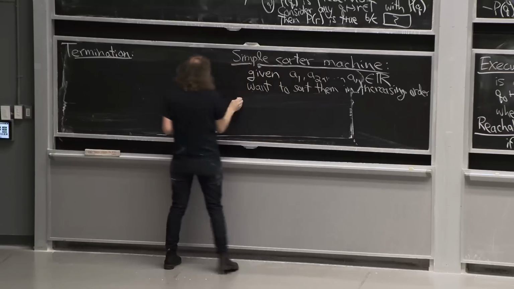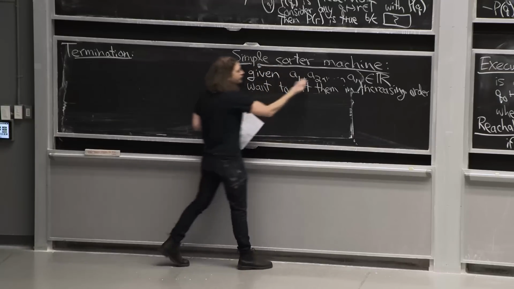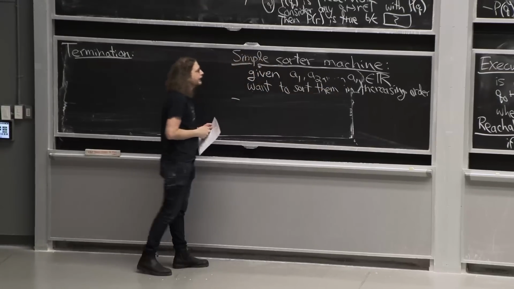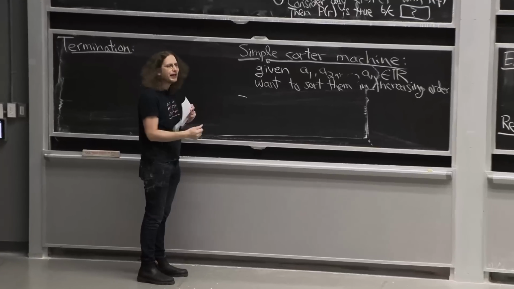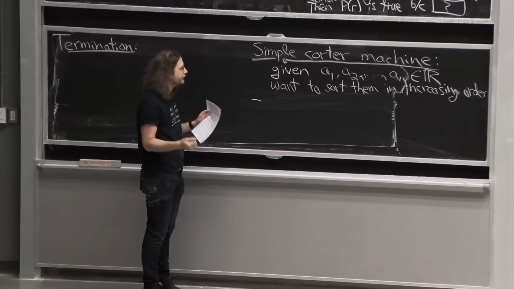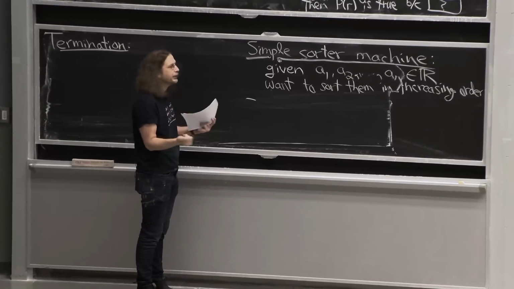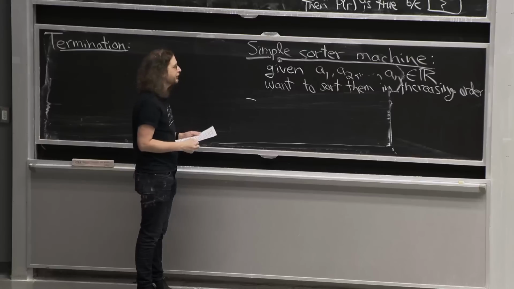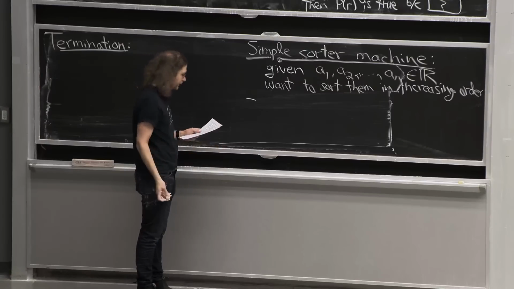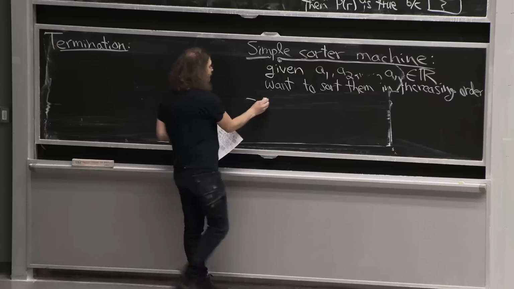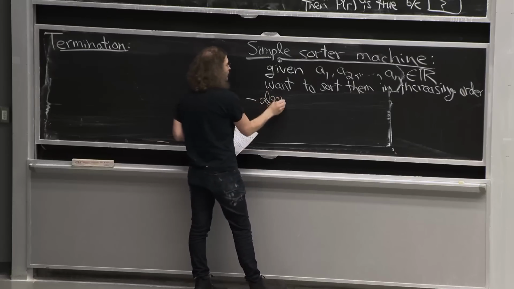OK, so they're given in some particular order, a1 through an. And I want to rearrange them so it has exactly the same numbers, but in a different order, and this time increasing order. So I want a1 to be less than or equal to a2, less than or equal to a3, and so on. Here is a very simple algorithm to do that.